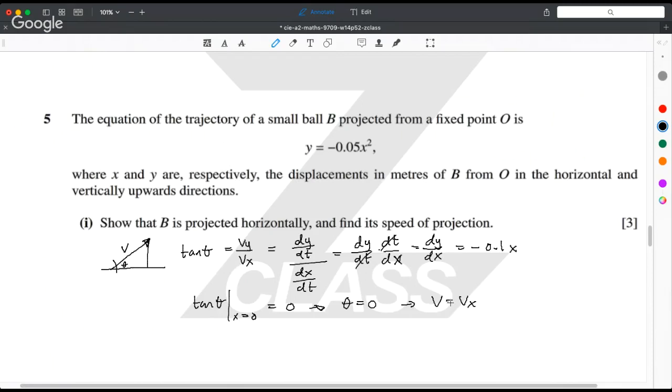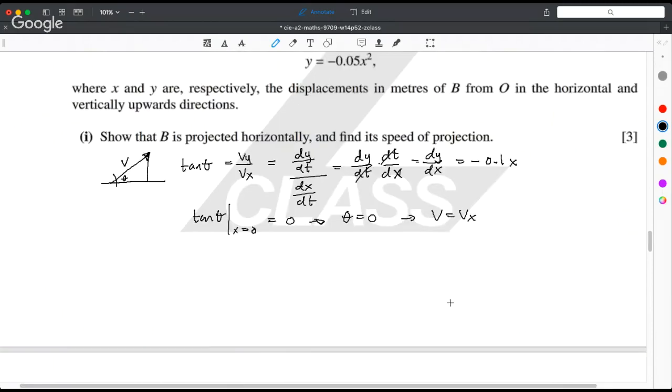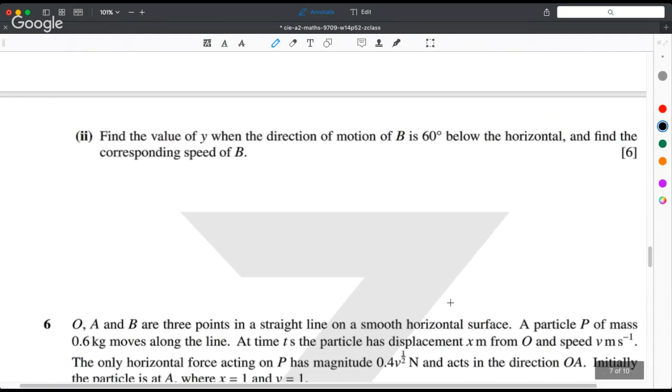Okay. Now, they want us to look at some later stage, and they want us to tell them the value of y when the situation is like this.